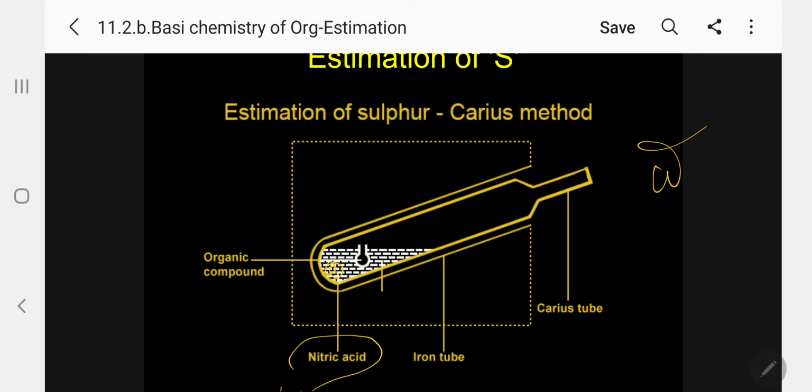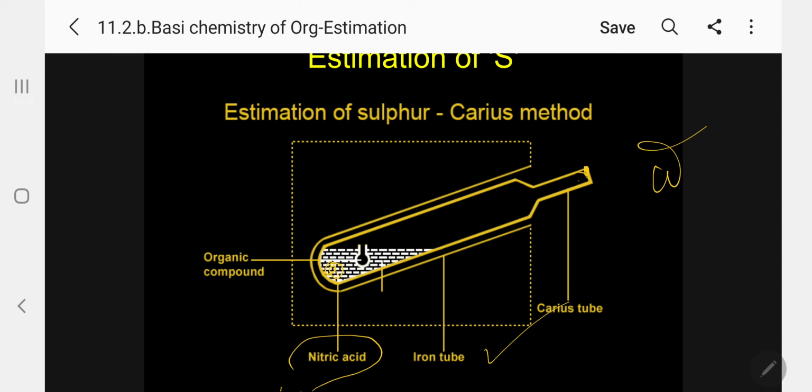Kindly follow. And heat in an iron tube, electric furnace. So the tube is fused. So what will happen with the nitric acid? The sulfur present will be converted into sulfuric acid.